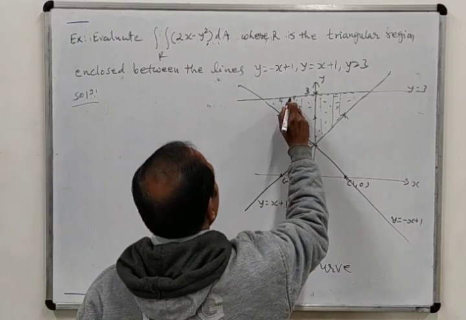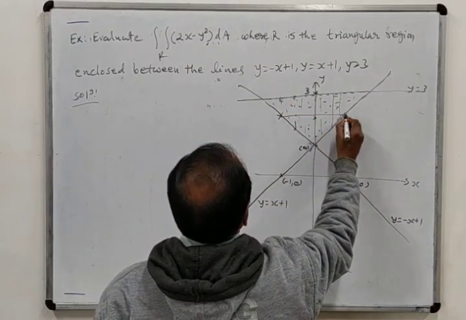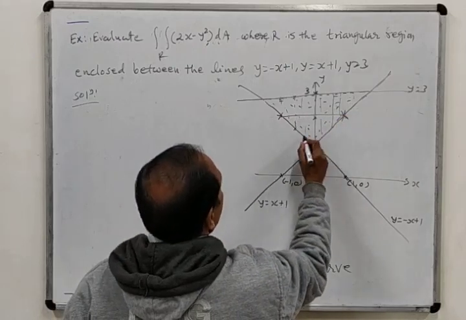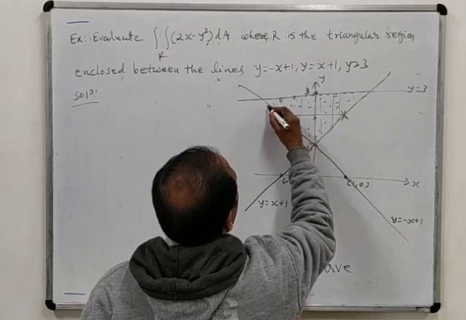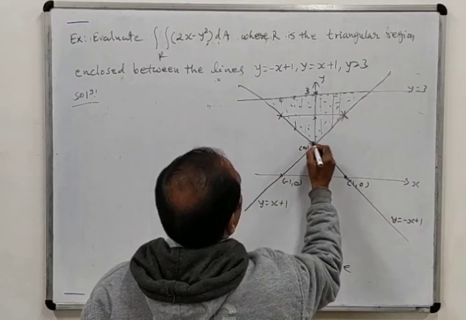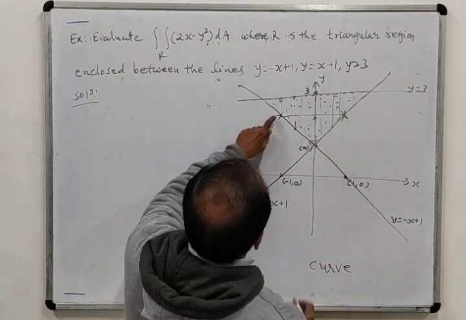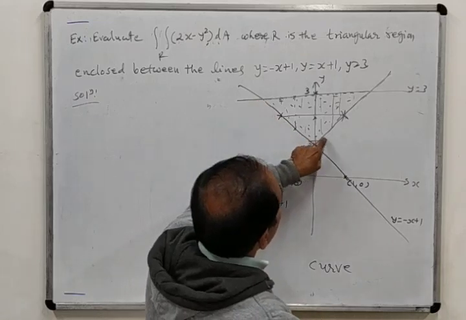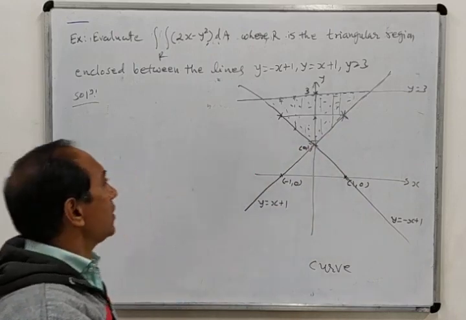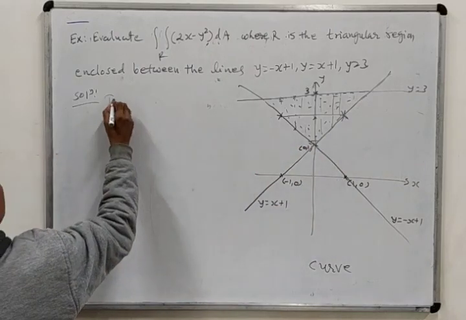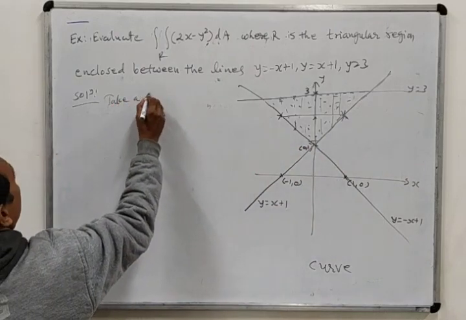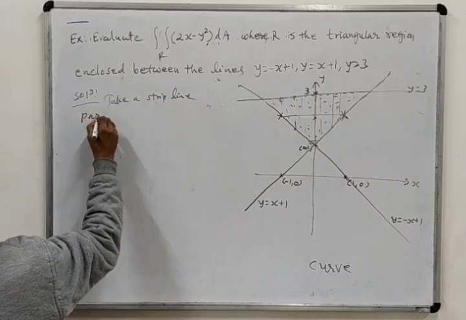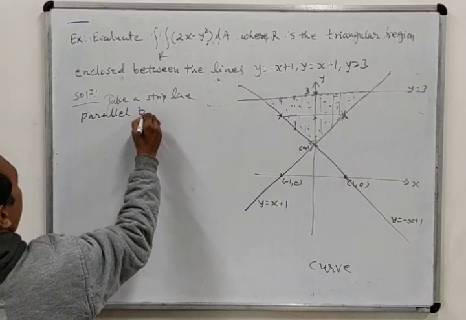But if we consider a straight line parallel to x-axis, then we can do this in a single way, because if we draw this straight line parallel to x-axis from here to here, then the left hand point will remain on the same curve, and the right hand point will also remain on the same curve. So take a straight line parallel to x-axis.